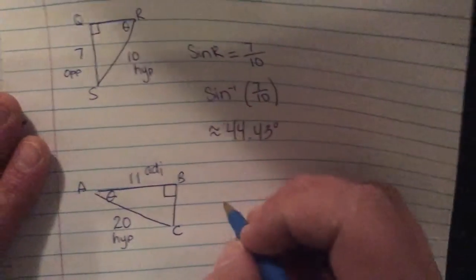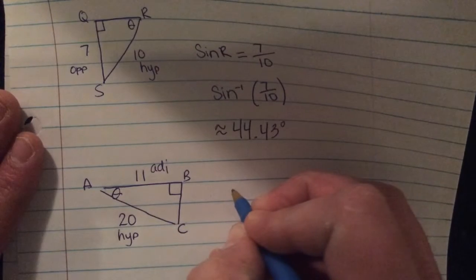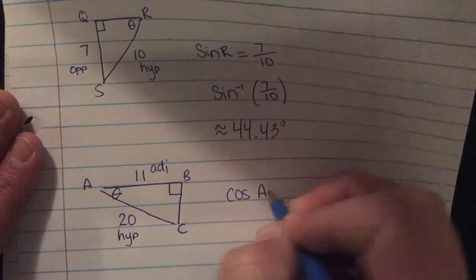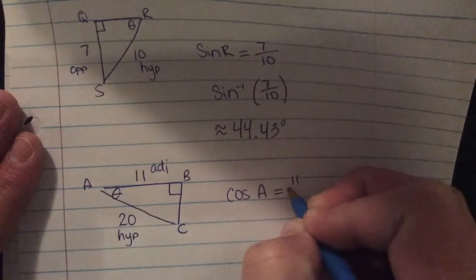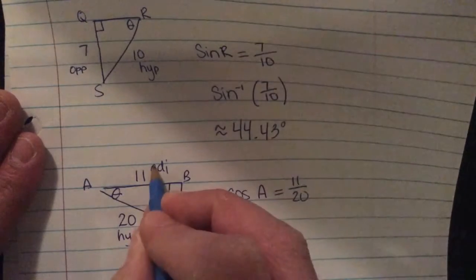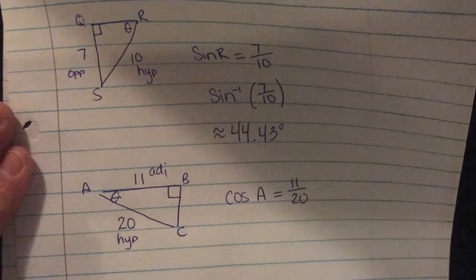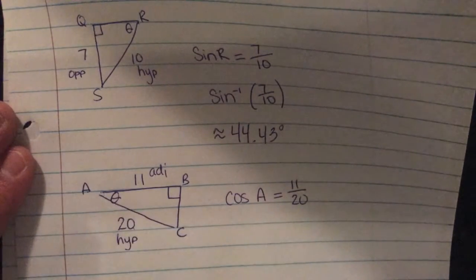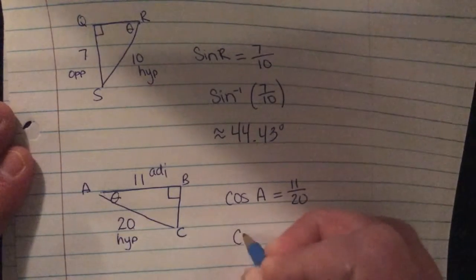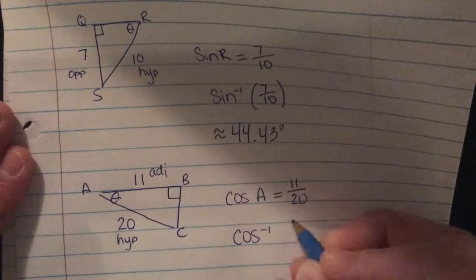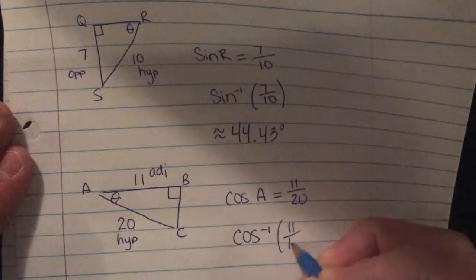The way you set that up is you're going to say cosine of A equals 11 over 20, because we need our adjacent divided by our hypotenuse. And again, we're looking for an angle measure here, so we can't just type it in like this. We have to say inverse cosine of 11 over 20.